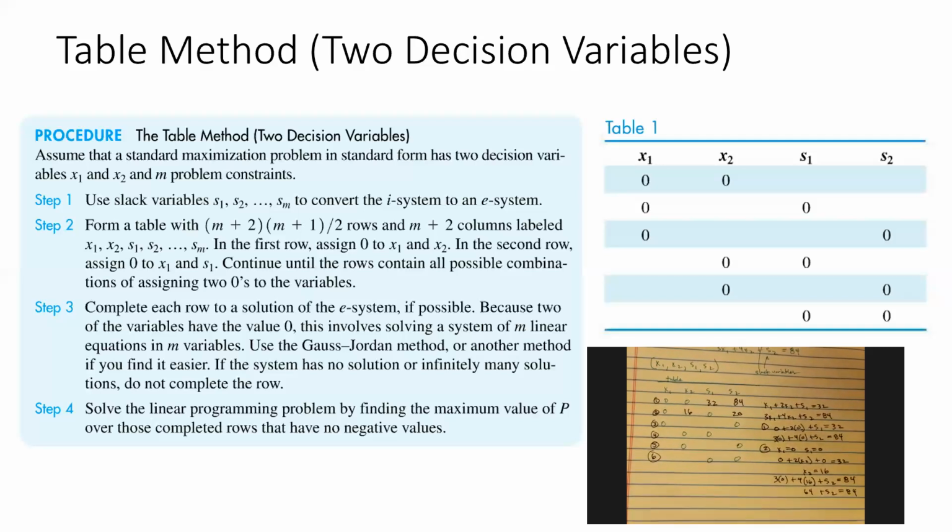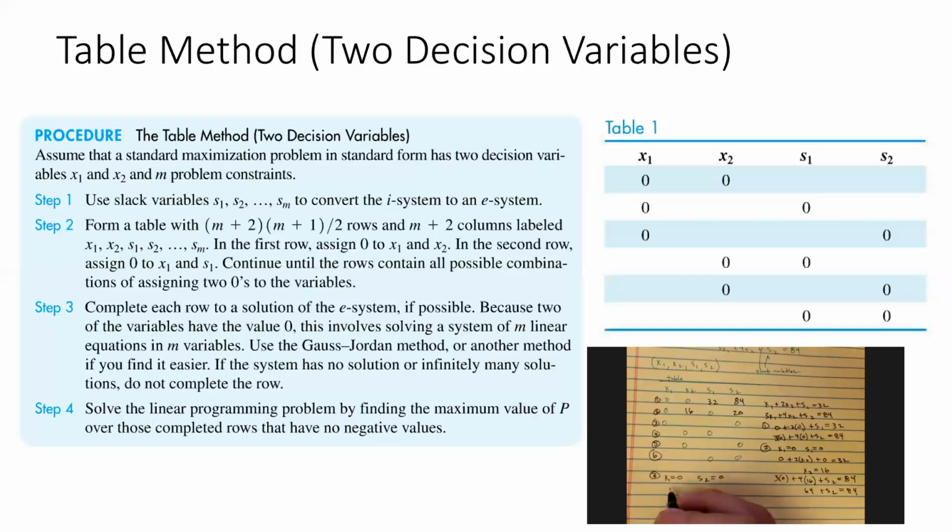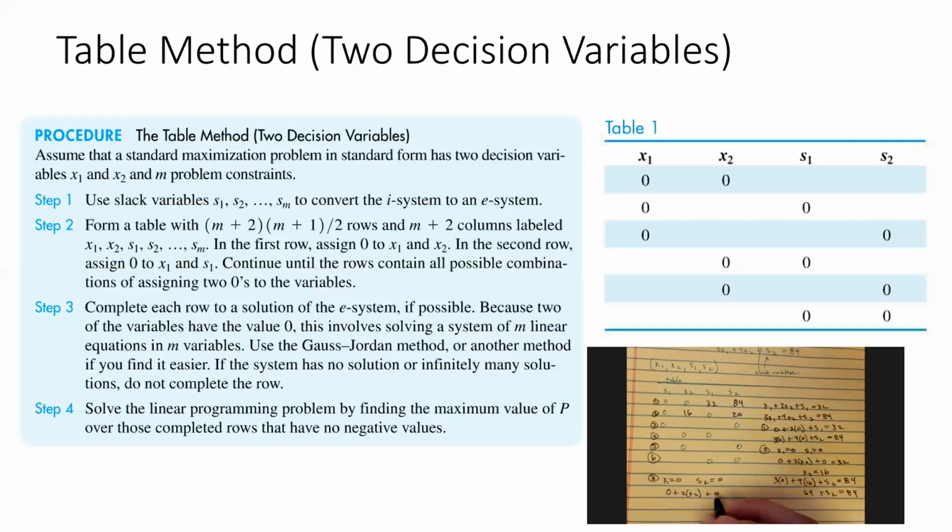But, okay, let's pick one maybe that's a little harder. Actually, let's do one more just down the line. So let's do number 3. So in this one, x1 is equal to 0 and s2 is equal to 0, okay? So we have those both equal to 0, so we're going to plug those in. So we have 0 plus 2 times x2 plus, oops, we don't know s1, is equal to 32.